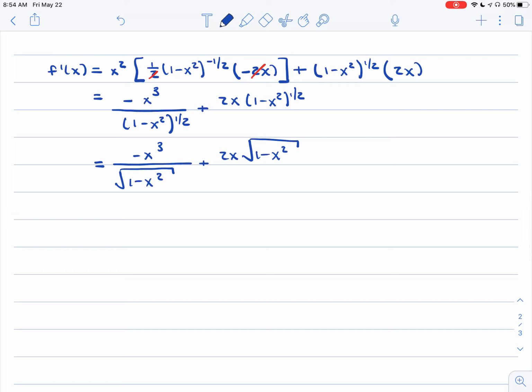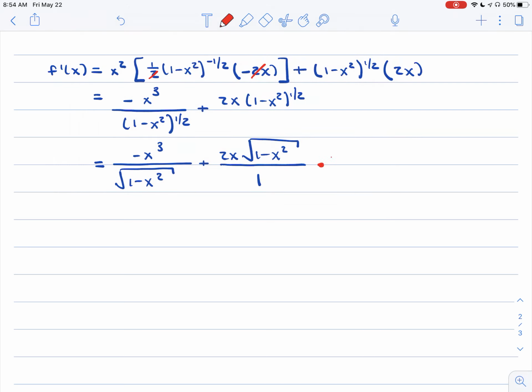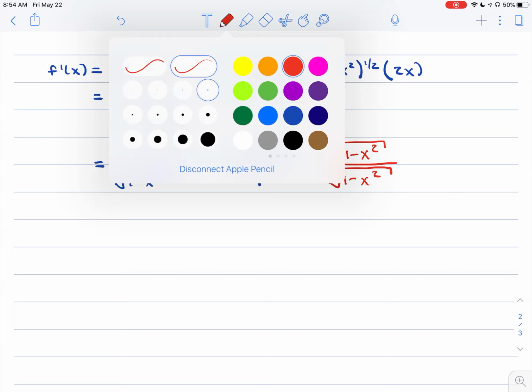All right, now to keep simplifying this a little bit, because we have this fraction that's being added to this other term, I want to go ahead and put all of this over a common denominator. So I'm going to think of this guy as being over 1. So our common denominator would just be this radical. So I'm going to multiply this second term by the square root of 1 minus x squared over the square root of 1 minus x squared to get that common denominator.